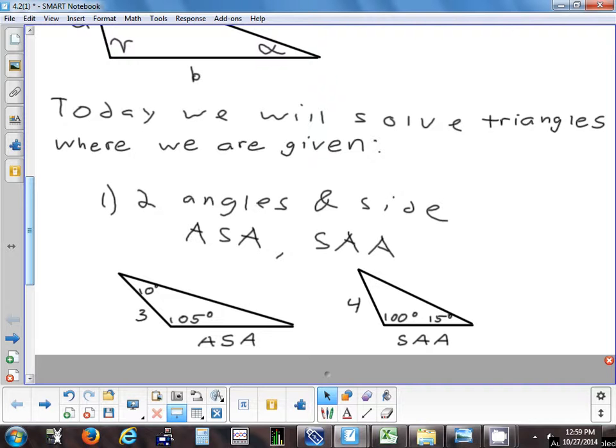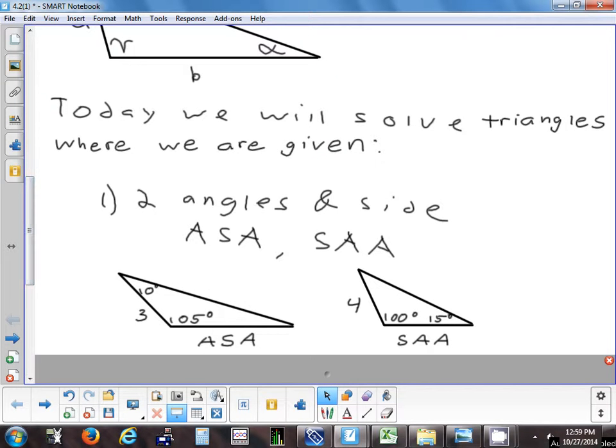On the one on the left, you've got two angles, and the side that you know is the one that is connecting the two. The side is between. The one on the right, here you've got two angles, and the side that you know is not between the two angles.